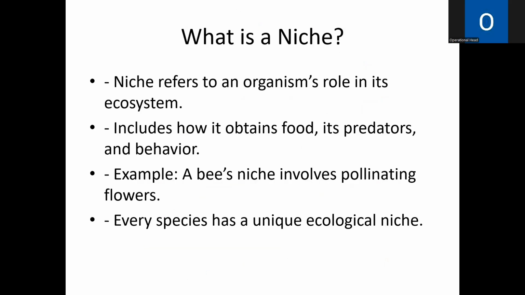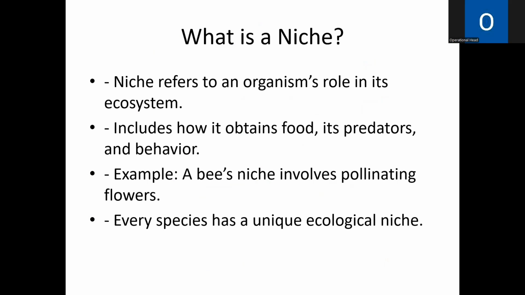What is a niche? This is another term for today. Niche refers to an organism's role in its ecosystem. It includes how it obtains food, its predators, and behavior, or we can say how an organism behaves, lives, eats, consumes. For example, a bee's niche involves pollinating flowers.